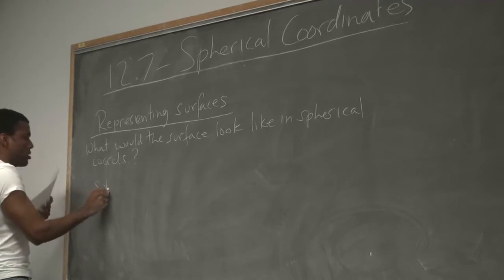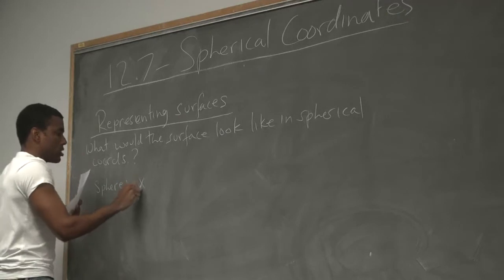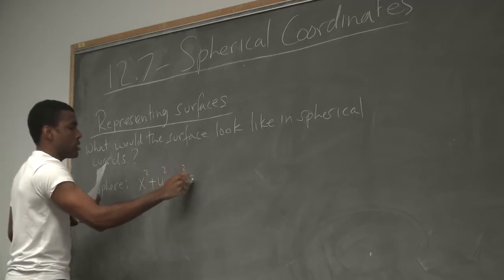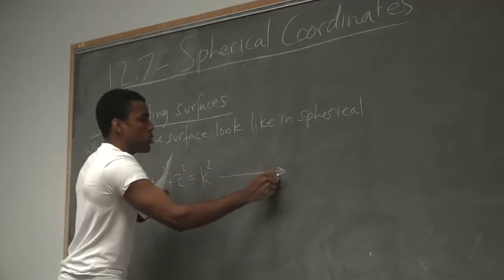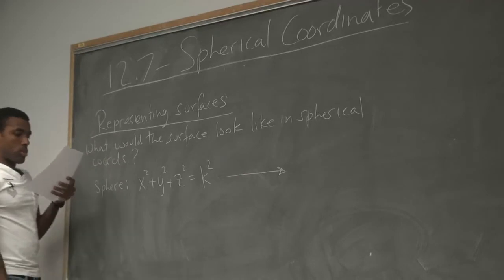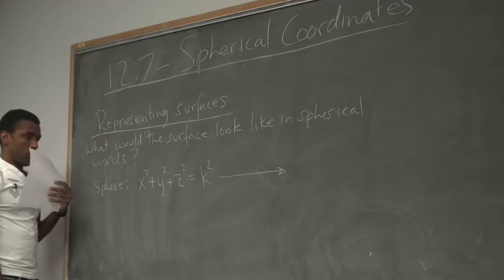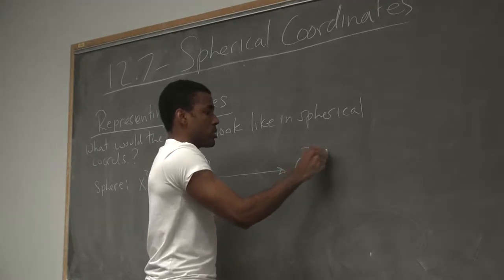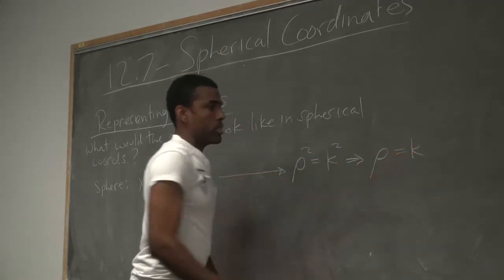Sphere. Let's say it's something like x squared plus y squared plus z squared equals k squared. What would the equation of that be in spherical coordinates? Rho squared equals k squared, which means rho equals k, right?